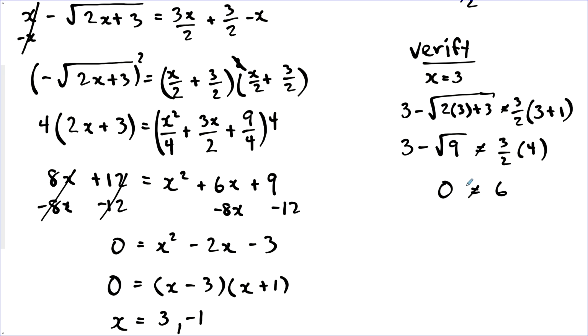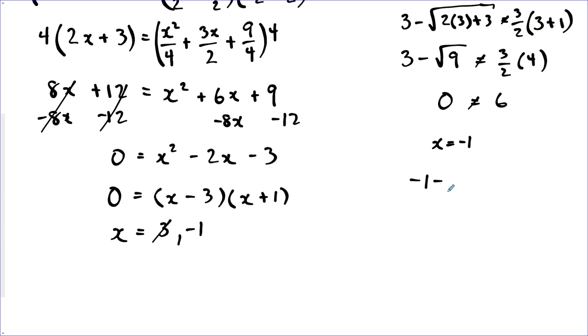So that one is not a good solution. Let's try the other solution, negative 1. We have negative 1 minus the square root of 2 times negative 1 plus 3 is equal to 3 over 2 times negative 1 plus 1. On this side we got negative 1 minus, this is negative 2 plus 3 is 1.